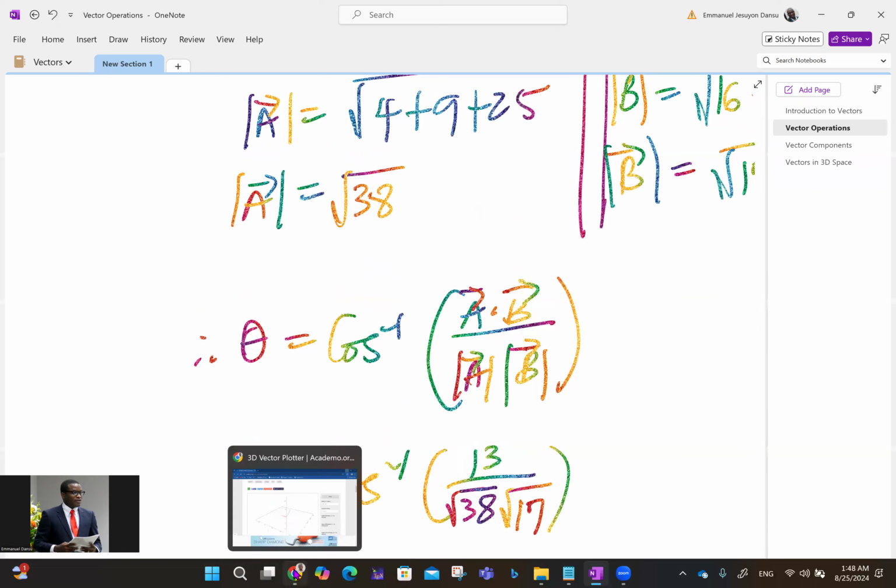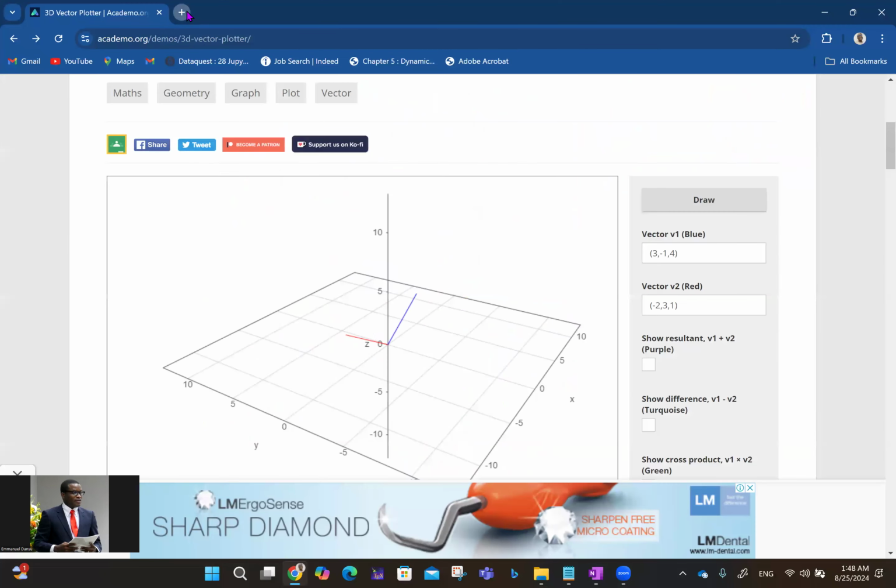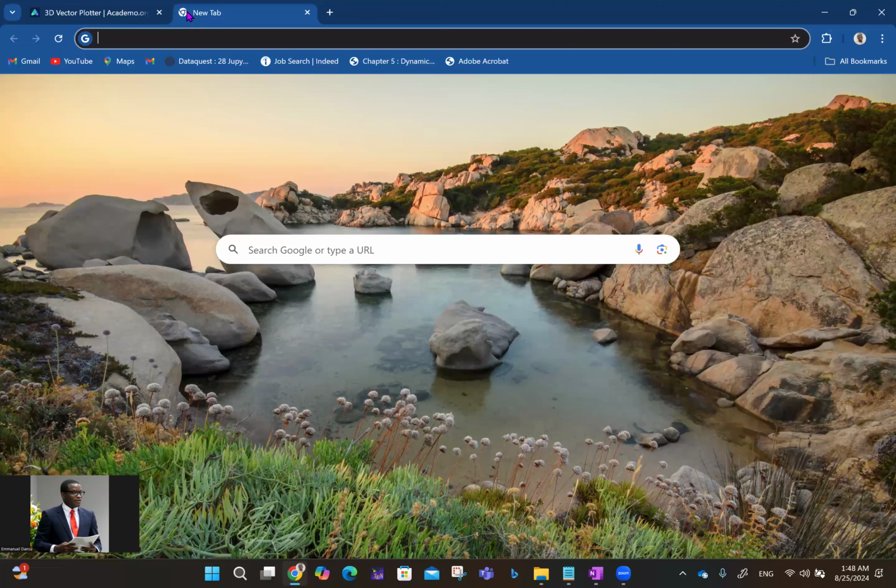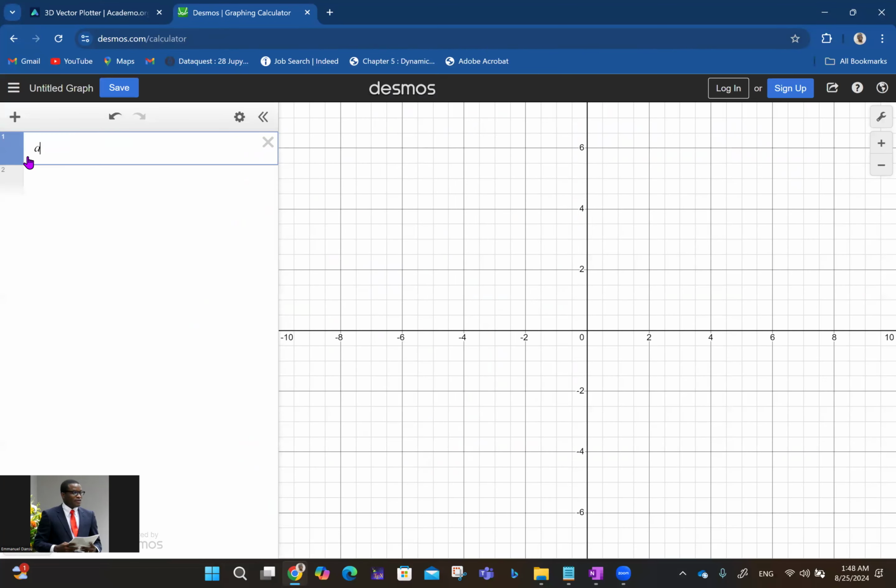So in Desmos, we have arc cosine of 13 divided by square root of 38 multiplied by square root of 17.